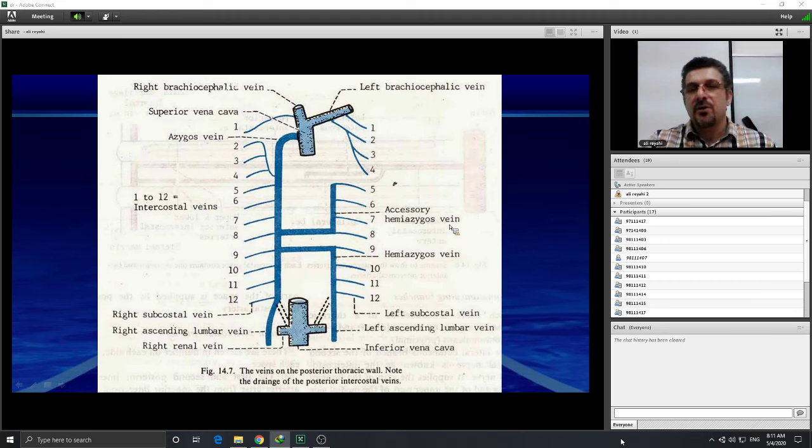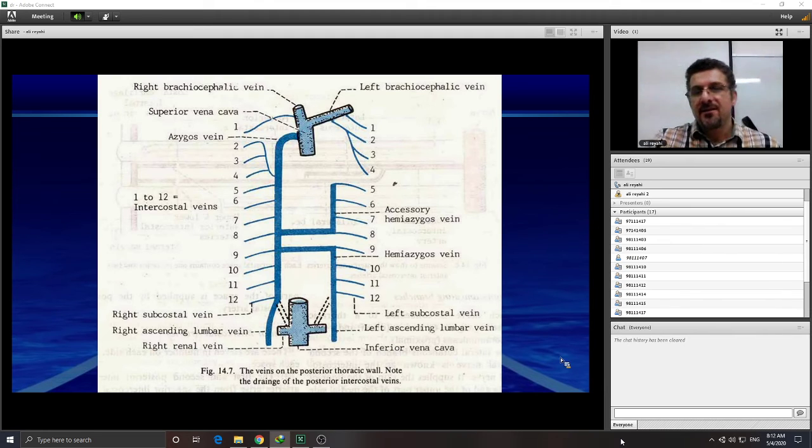The accessory hemiazygous vein gets the 5th to 8th posterior intercostal veins on the left side. All right, these are the differences between the right side and the left side in the posterior wall of the thorax.